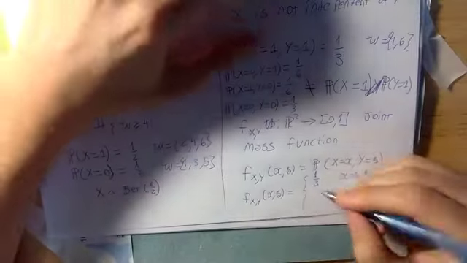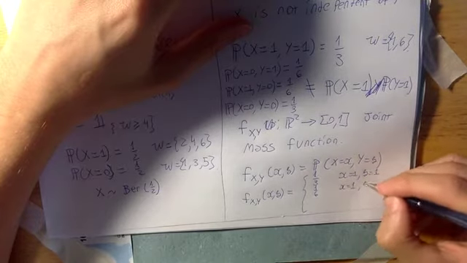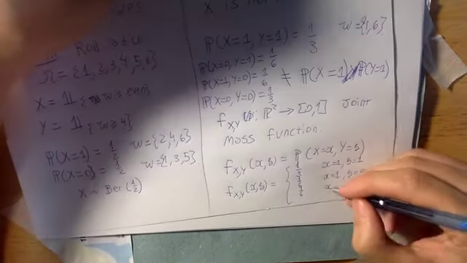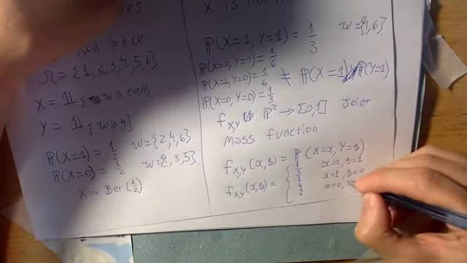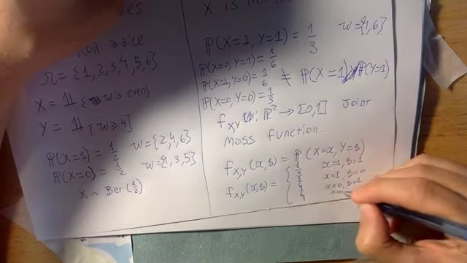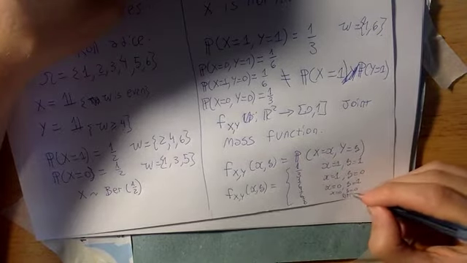So this is 1/3, 1/6 for X equals 1, Y equals 0, 1/6 for X equals 0, Y equals 1, and it's equal to 1/3 if X is equal to 0 and Y is equal to 0, and it's 0 otherwise.